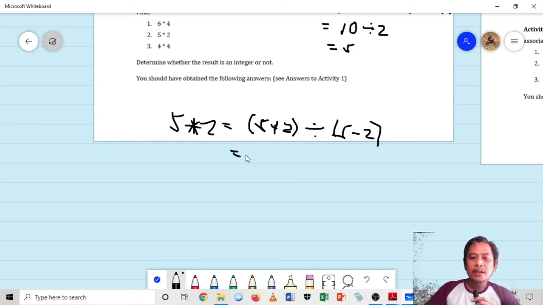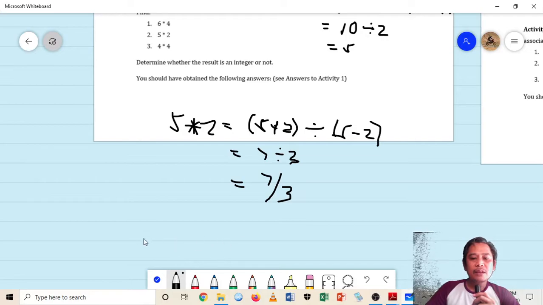So we should have 7 divided by 5 minus 2, which is 3. So the answer would be 7/3, that is 2 and 1/3. The result is not an integer since 7 is not divisible by 3.